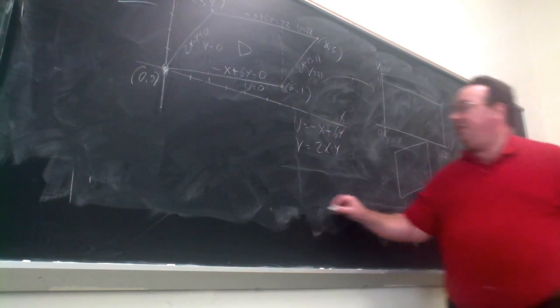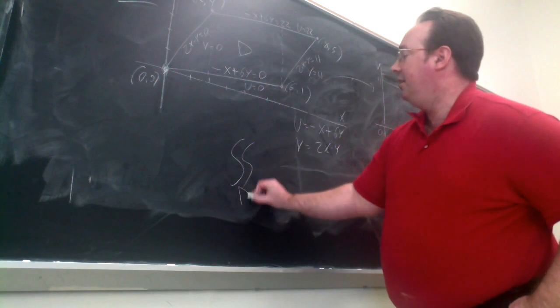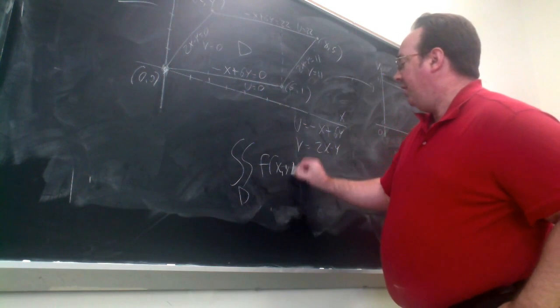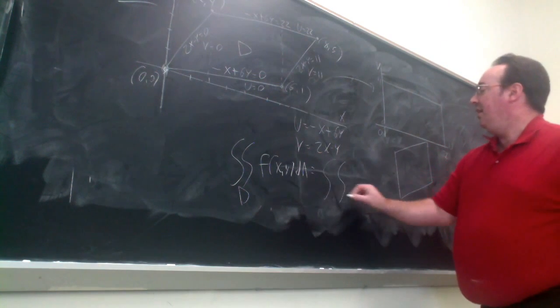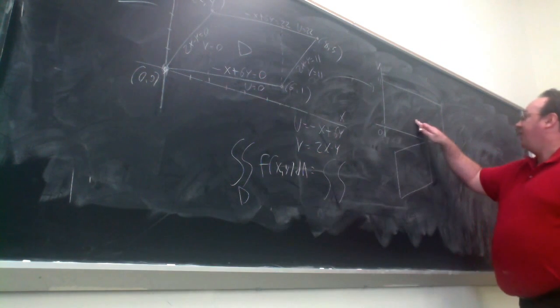So we have some integral over D of f of x, y. And now we know we're going to be integrating over a rectangle in U and V space.